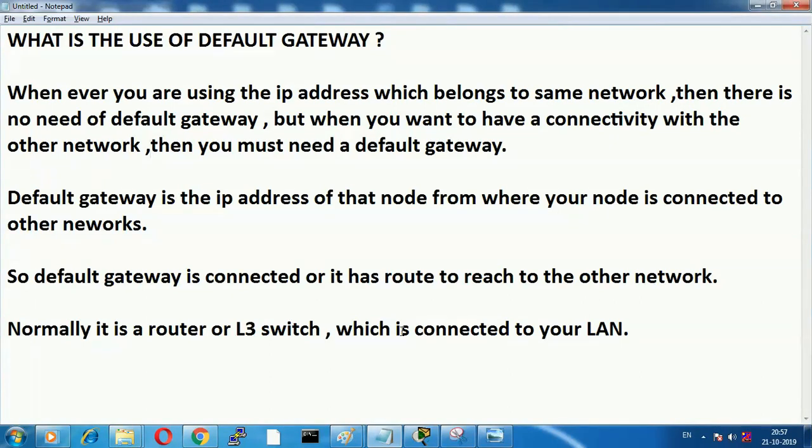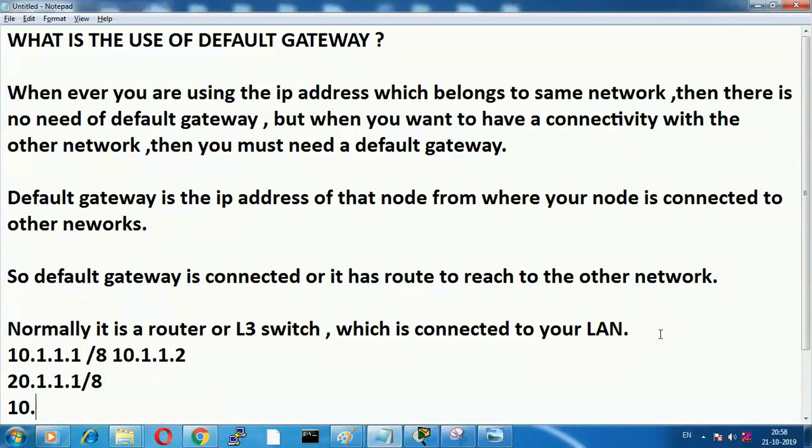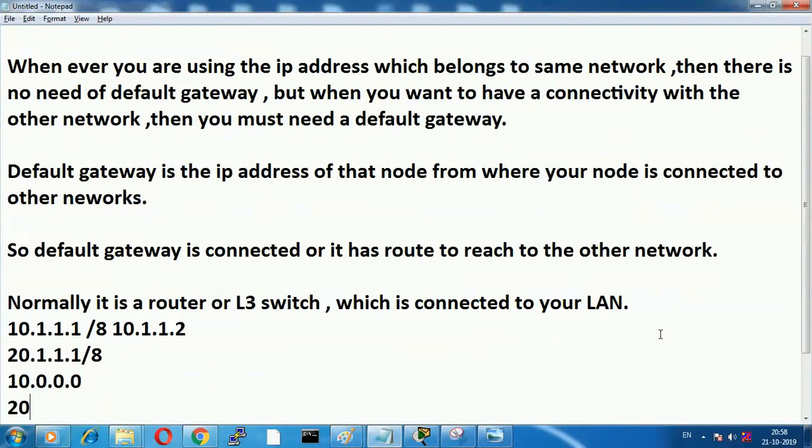I am giving you an example. If there are two IP addresses, 10.1.1.1 with /8, and you are communicating with 10.1.1.2, then it will be okay. But with the same IP, if you are communicating with 20.1.1.1, which is also /8, the network address of the first IP address will be this and the network address of the second IP address will be this.